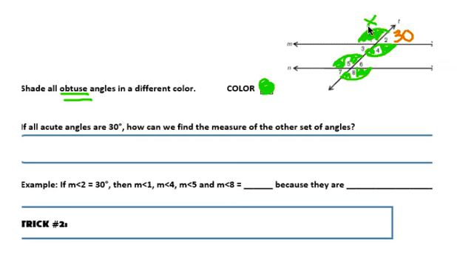Well, since this diagram is full of straight lines, and I know that a straight line equals 180, all you'd have to do is take 180 and subtract the 30 that you have here. So it would be 180 minus 30, which leaves you with 150 degrees. Which, if this is 150 degrees, then that means all of them are 150 degrees.